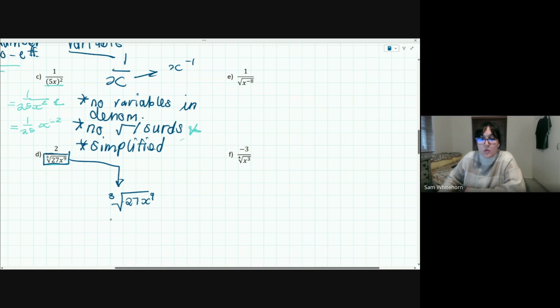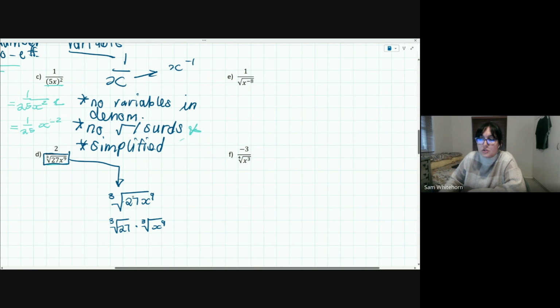Now, whenever you've got multiple factors that are being square rooted, cube rooted, whatever, underneath some sort of root, what we need to remember is that we can go and say the cube root of each of those factors. So the cube root of 27 times the cube root of x to the power 9.